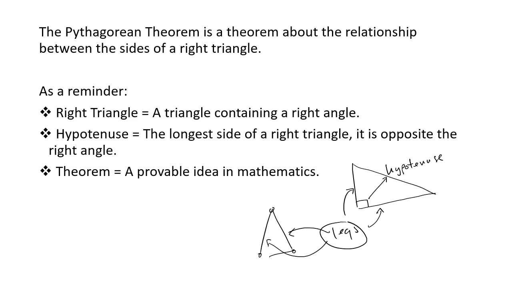We also want to define this idea of a theorem, which we talked about before. We haven't seen this word in a while, but by a theorem, what we mean is it's a provable idea in mathematics. When we mentioned this before, we made the distinction between a theorem, which is something that we can prove, and an axiom, which is something which we just assume.